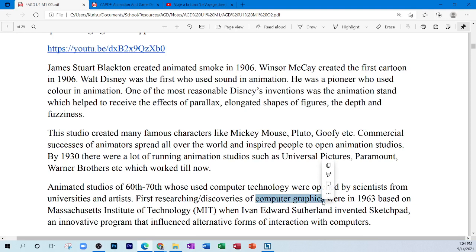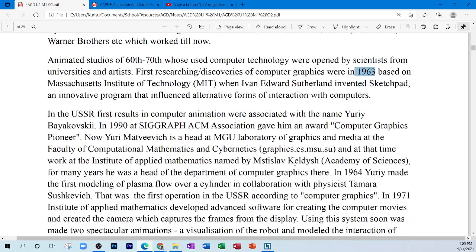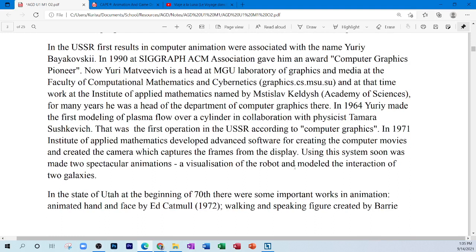How can we create this image on the computer and basically create animation on the computer? And that would have started since 1963. Remember, we're looking at the history of animation, where it started, how it began, and leading up to where we are today and the future. Alia, you can continue reading.